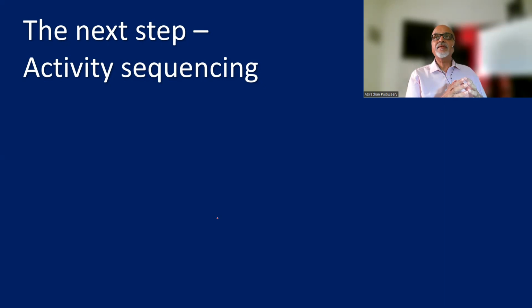So activity sequencing is a very important step before arriving at the schedule. Otherwise, we will get schedules which are not implementable. We'll talk more about activity sequencing and scheduling in maybe the next video.